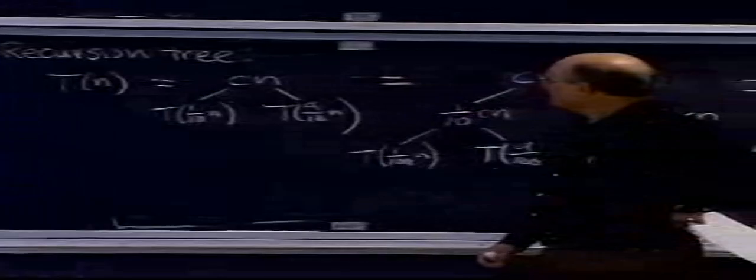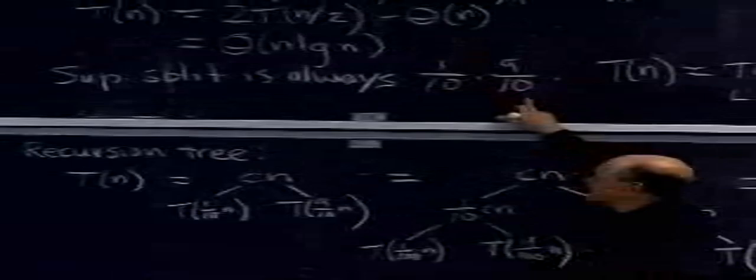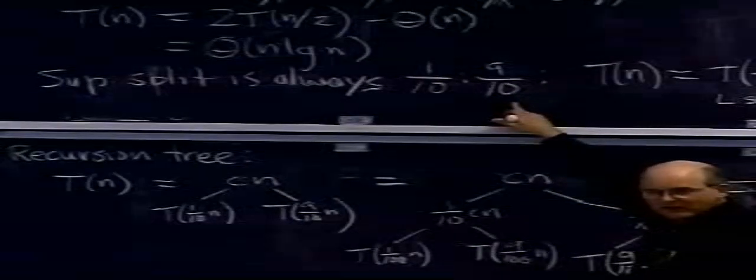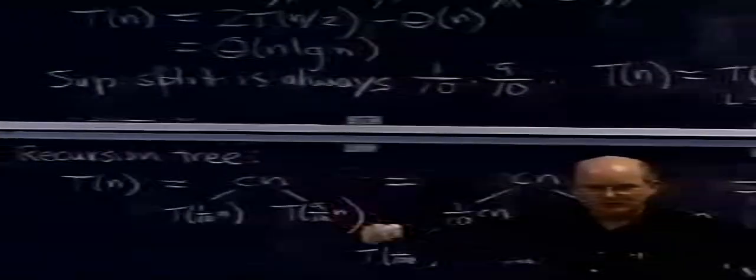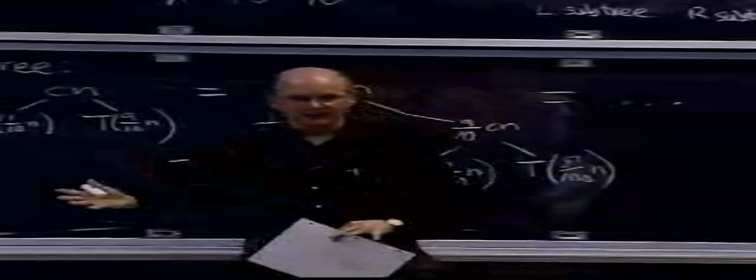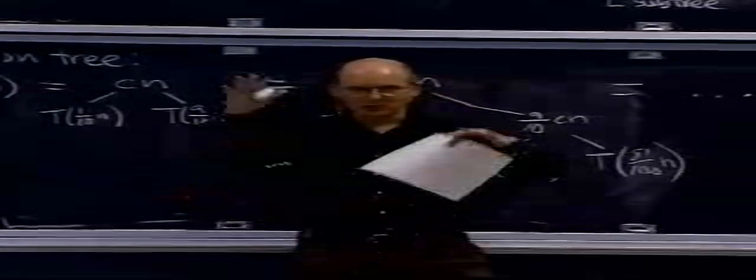Suppose that we alternate a lucky, 1/10 to 9/10 split, with an unlucky split. Suppose the algorithm goes and the first time it splits, it's lucky. At the next level, it's unlucky, gets the worst case one. Then it's lucky at the next level, then unlucky. Then lucky, unlucky, all the way down.